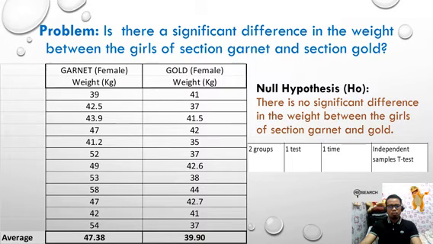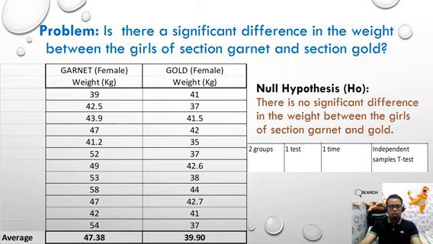We measure their weight, and 47.38 is the mean of all the weights from section garnet, and 39.90 is the mean of all the weights in section gold.